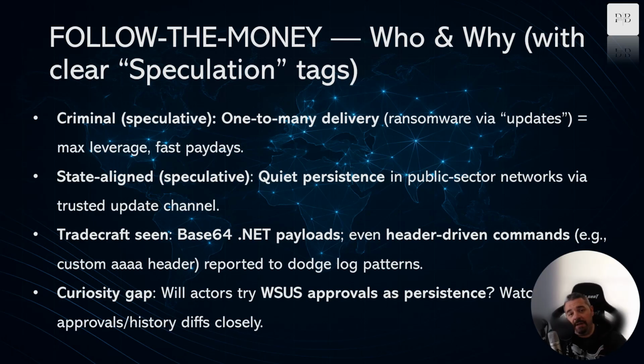A trusted channel in the wrong hands definitely is scary. But when you pair port blocking and the child process hunt from the last slide with a simple approvals audit, you take away the fastest money move criminals rely on, and you raise the cost for quiet operators.